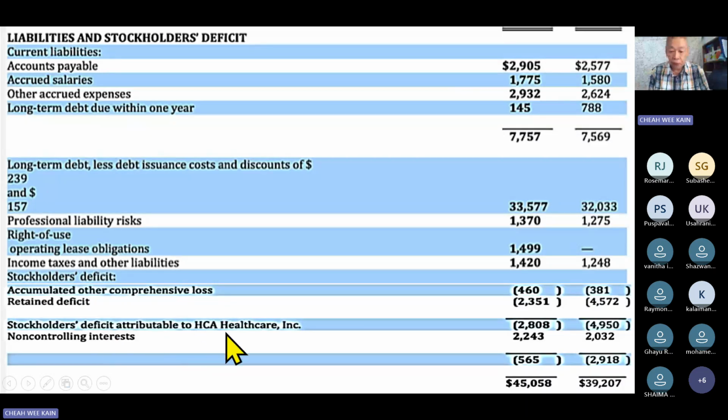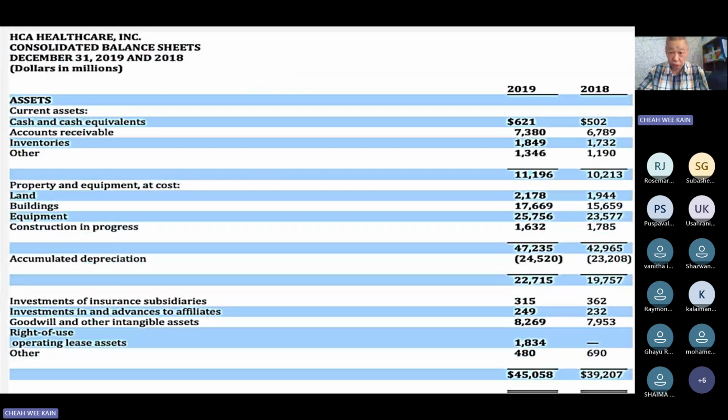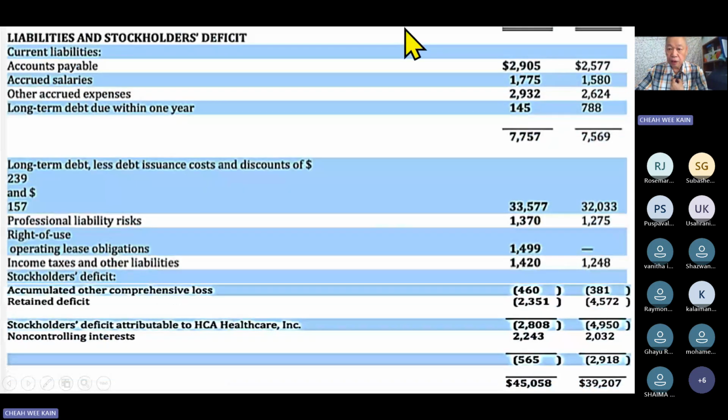Okay, so what do we want to see? Well, basically, we want to see you have a lot of cash because you need to pay people, and you should not have so much liabilities. And let's look at it. Here got 7757.